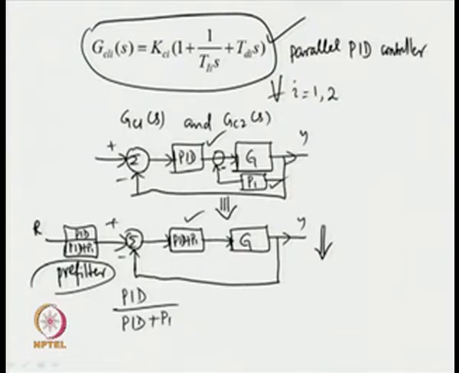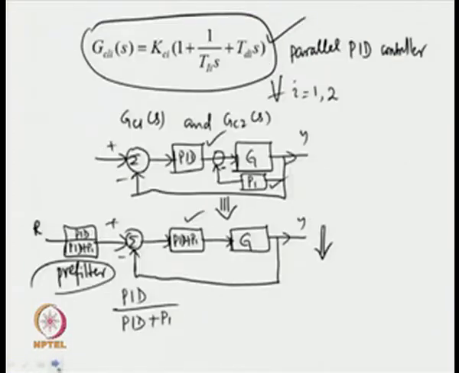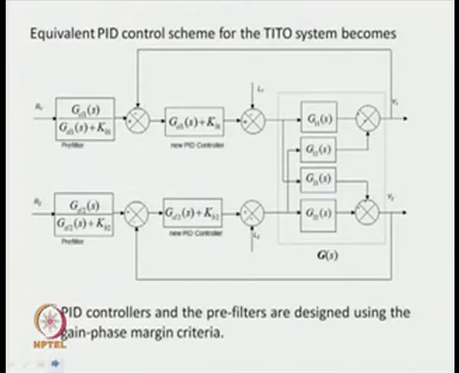Using this equivalence, now it is possible to convert the TITO system into some simpler form as shown over here. Now, G(s) represents the 2 input 2 output process, which is now subjected to a new PID controller, where the parallel PID controller is added with the proportional controller KB1, and for the second loop the new PID controller has the proportional controller KB2.